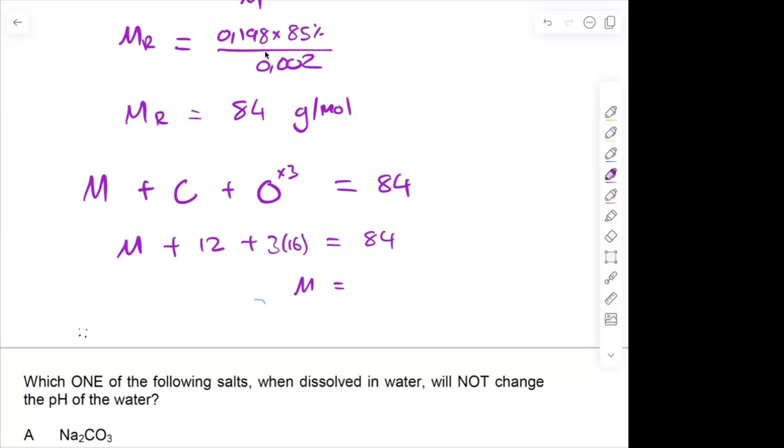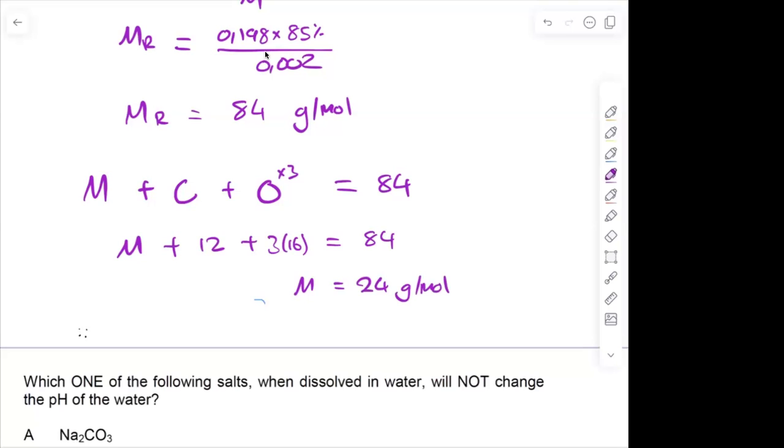So your 84 minus your 12 minus your 3 times 16. And then there we go. We got 24. Well done to the guys who got that there. We end up with 24 grams per mole.